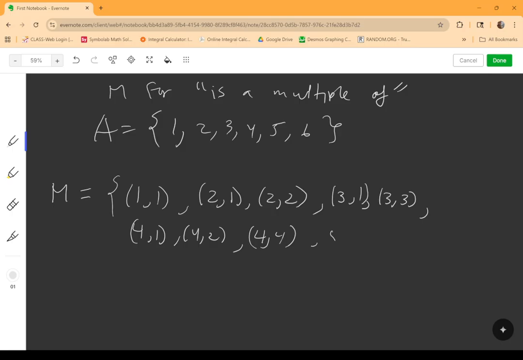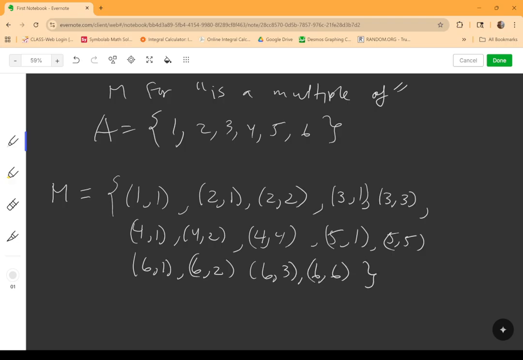And here 5 is a multiple of 1, 5 is a multiple of itself. And then lastly here, 6 is a multiple of 1, 6 is a multiple of 2, 6 is a multiple of 3, and 6 is a multiple of itself, 6.